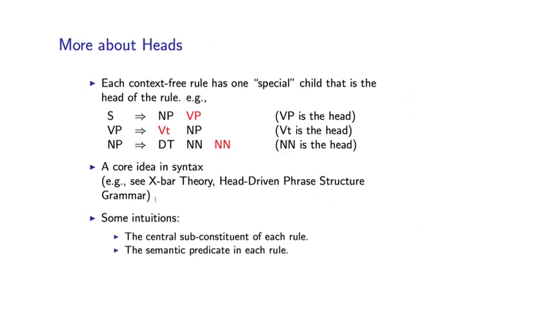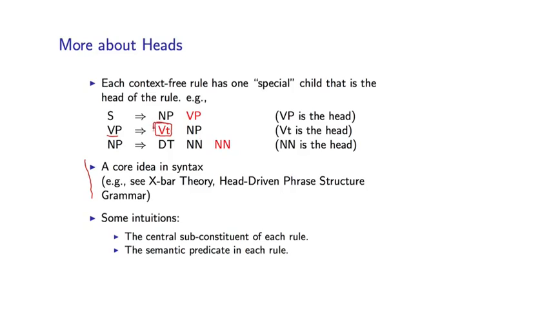Let me talk a little bit more about where it comes from. It's actually a core idea in linguistics. This idea of heads in rules goes back to very, very early work in linguistics. Some intuitions. In some sense, the head is sort of the core of the rule. It's the most important part. So a verb phrase, for example, will always have some verb on the right-hand side of the rule, whether it's an intransitive verb or transitive or ditransitive verb.